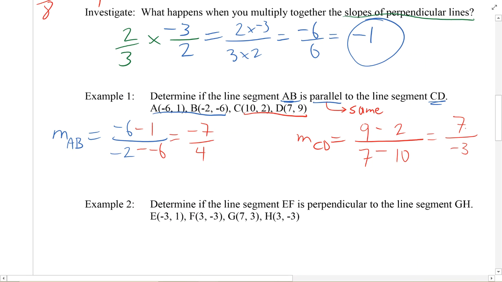So I found the two slopes. Did I screw something up, or is this what you got as well? Okay, so what can we say? Yeah, if I want to move it up top, I could just write it up top for sure. It doesn't matter.